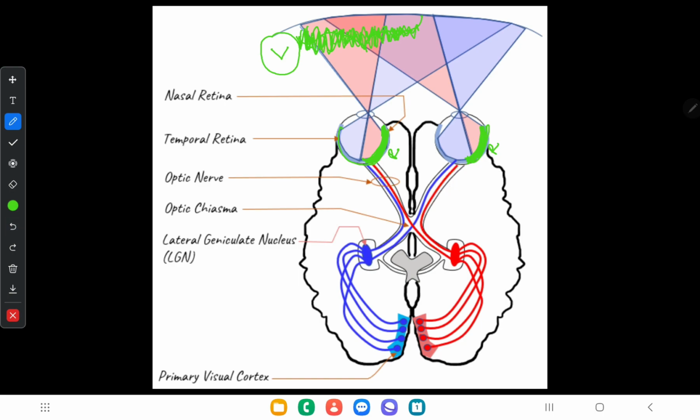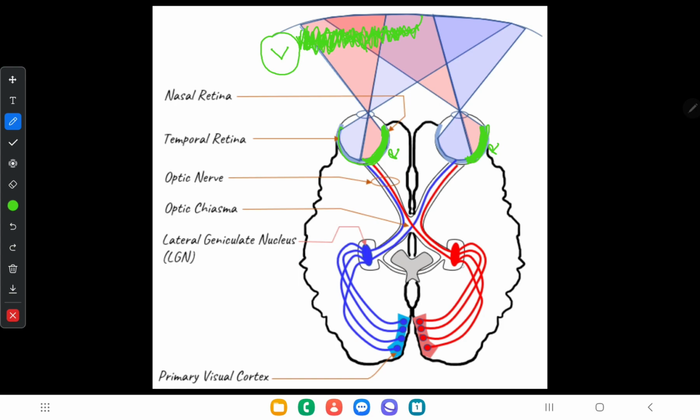Both these red fibers, that means from the right retina of the left eye and the right retina of the right eye, get impulses from the left visual field.